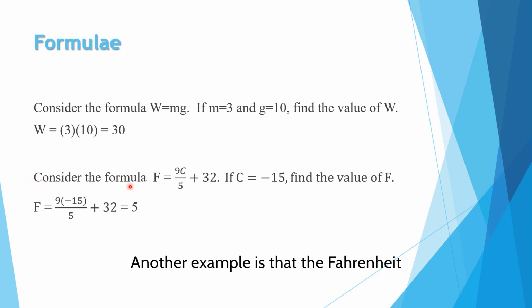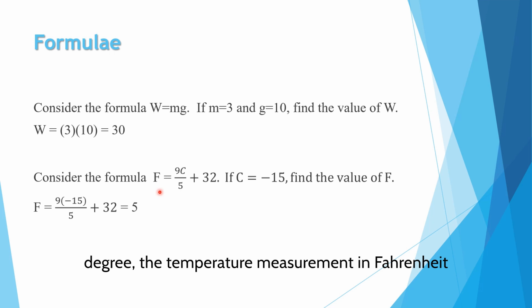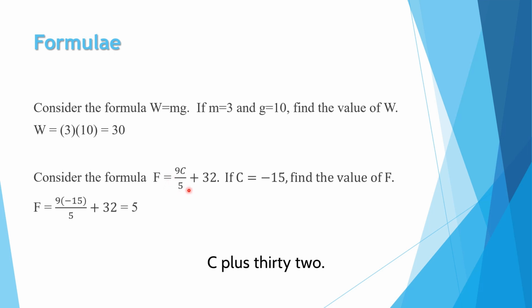Another example is the Fahrenheit degree, the temperature measurement in Fahrenheit, which equals 9 over 5 C plus 32. So if we have a C of minus 15, the corresponding value of F, by the method of substitution, would be 5.